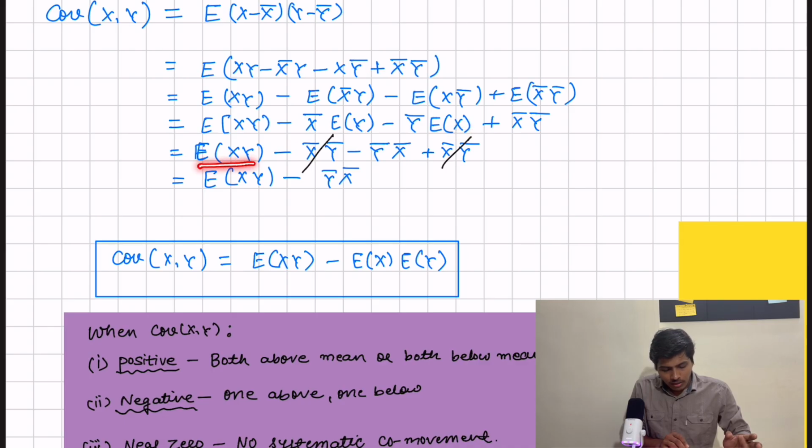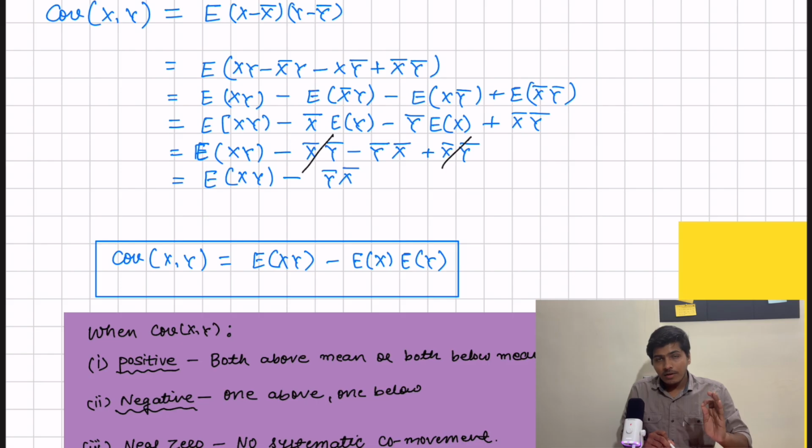When you write it, it will be equal to expected value of xy minus x bar y bar minus y bar x bar plus x bar y bar. You can cancel one x bar y bar. We are remaining with expected value of xy minus y bar times x bar, which can be written as covariance of xy equals expected value of xy minus expected value of x times expected value of y.